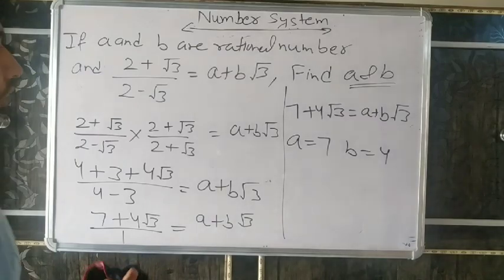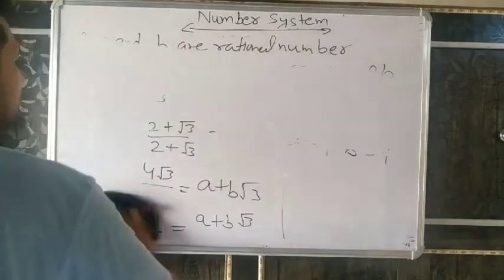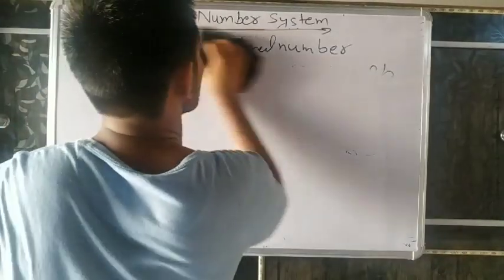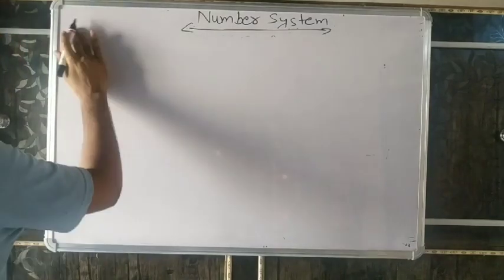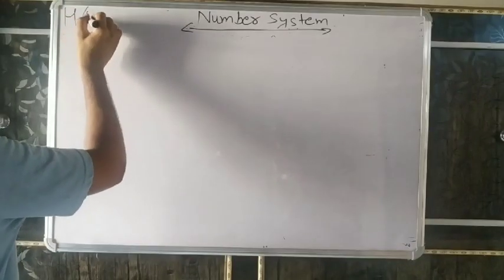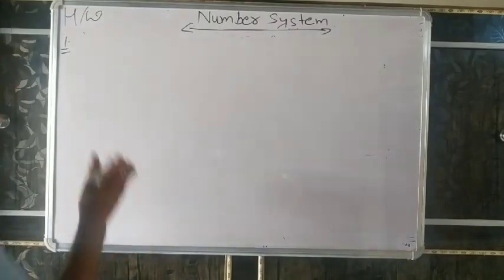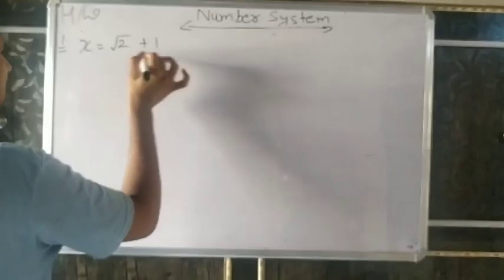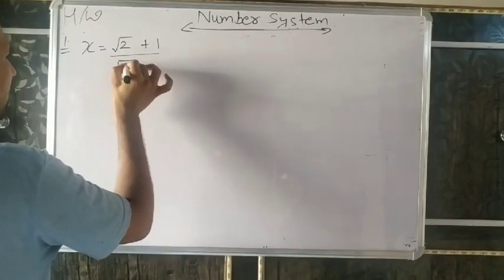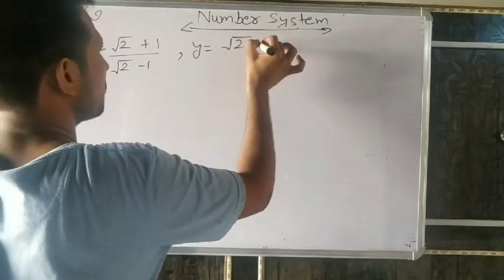Do them in your fair notebook. Note down. First question: x equals (root 2 plus 1) divided by (root 2 minus 1), and y equals root 2 minus 1 divided by root 2 plus 1.